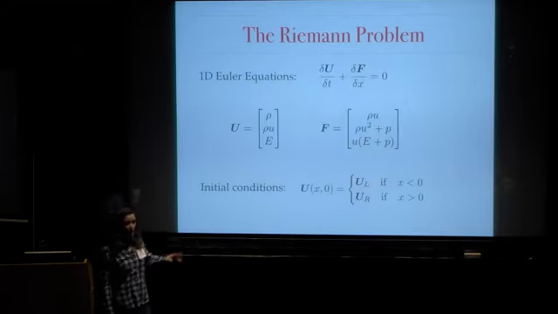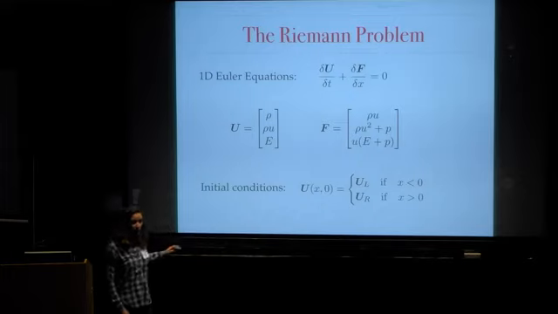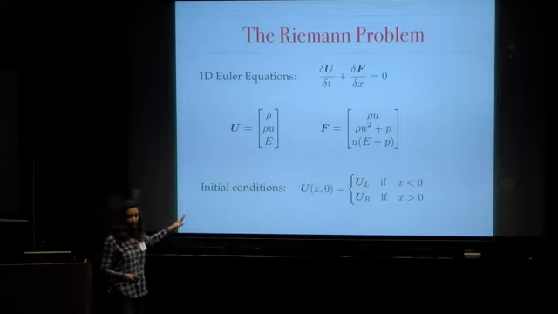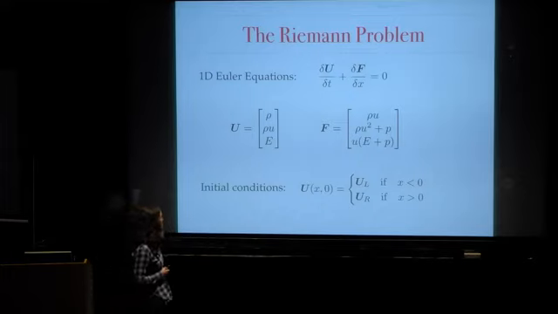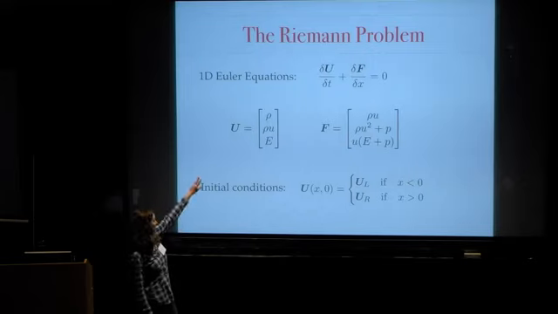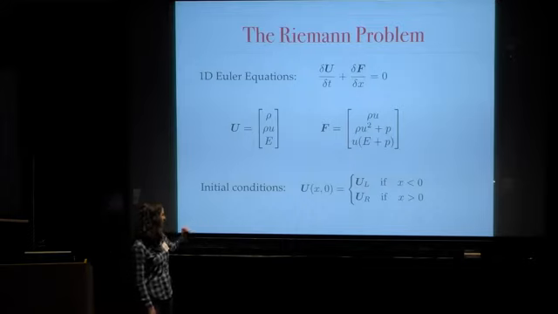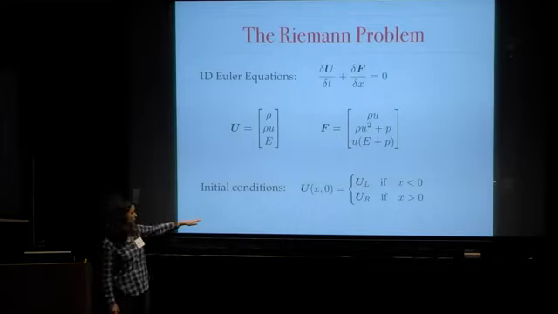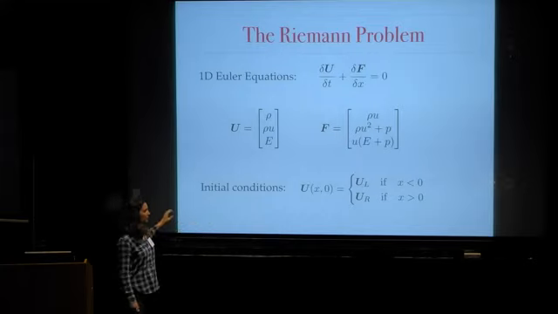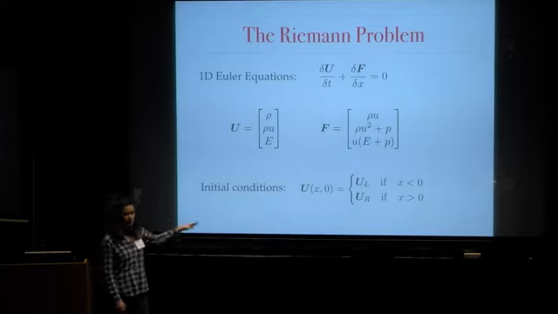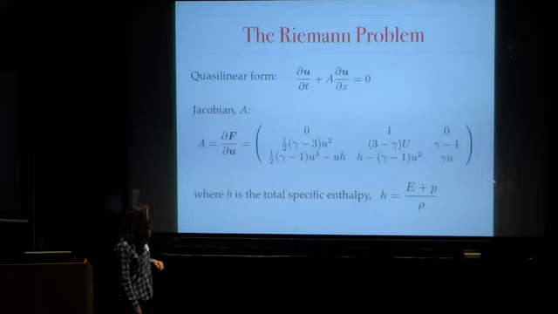If we look now at the 1D version of the Euler equations, we can follow the same sort of characteristic analysis. Again, I'm going to write them in flux conserved form, where I have my set of conserved variables, I have my set of fluxes, and the initial conditions, as before, are just UL if I'm on the left side of the boundary, UR if I'm on the right side of the boundary.